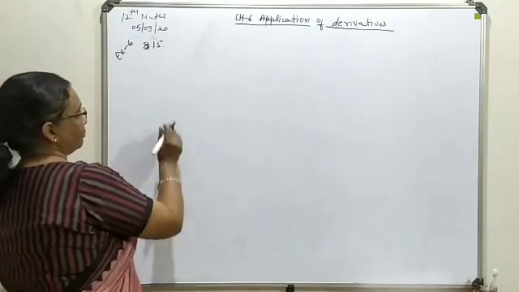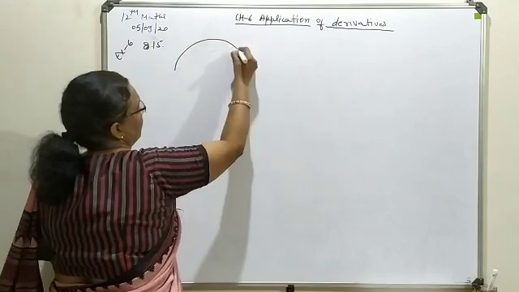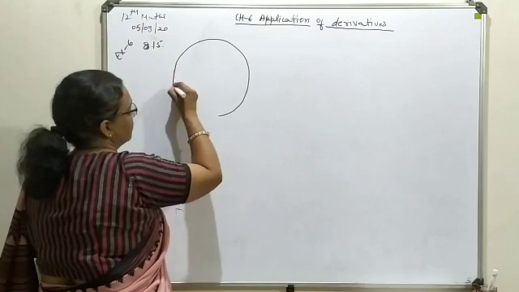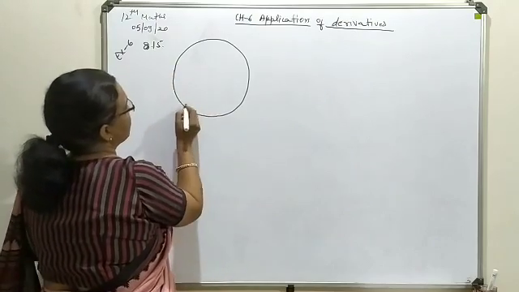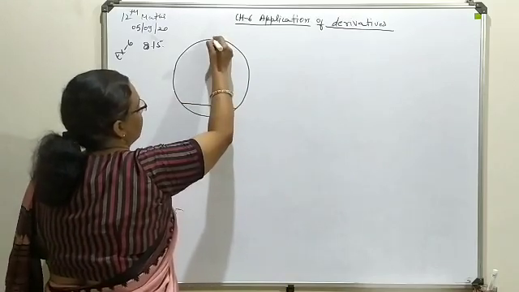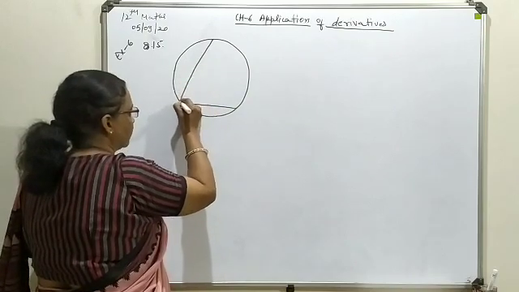So here we have one sphere, and inside this sphere a cone is constructed with the height h.